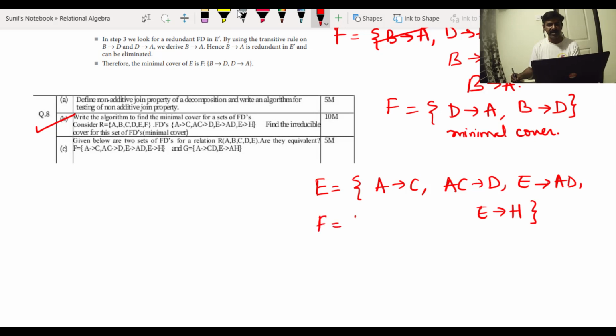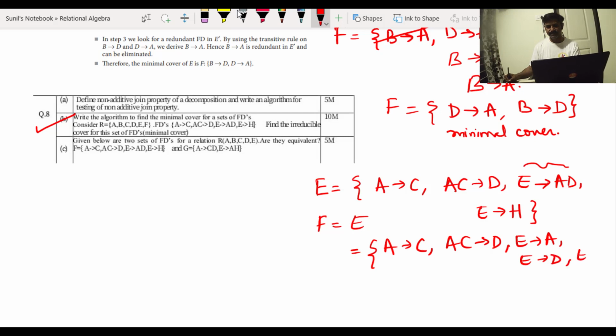It means you have to assign E to F and write each functional dependency in the canonical form. So you observe that this functional dependency is not in canonical form. So I would write it as A arrow C, AC arrow D, E arrow A, E arrow D, and finally E arrow H. So now you see that all are in the canonical form.